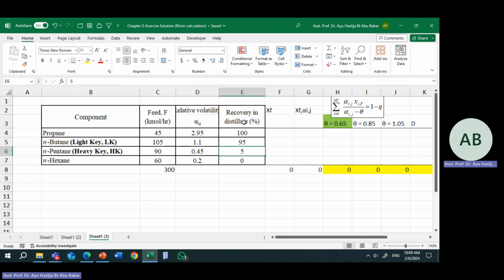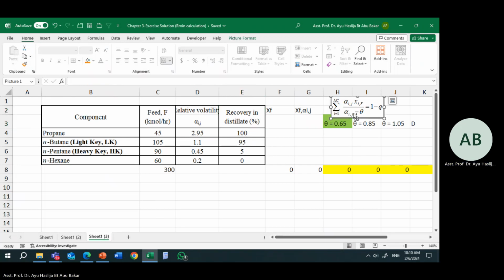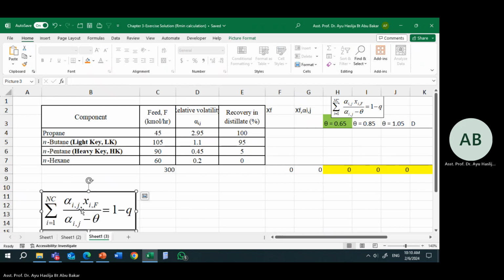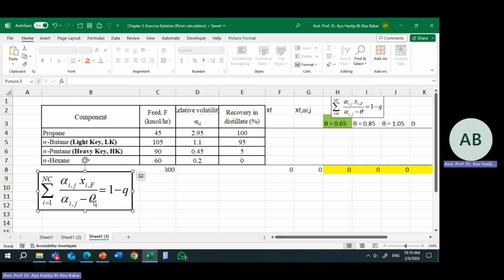Now here it mentioned the recovery in distillate. It gives you only the info of feed, relative volatility, and recovery in distillate. From the Underwood equation, to find the theta, you need the fraction of the feed.